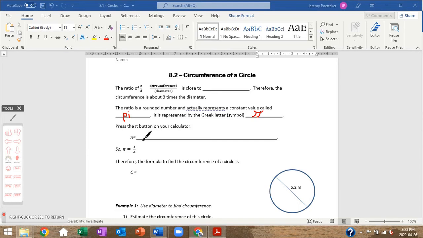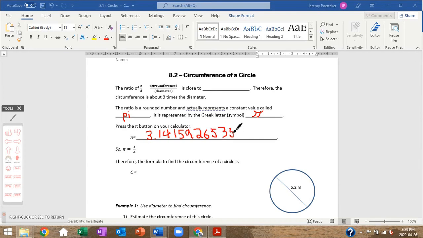But if I'm going to write that out, 3.141592653. There are people who, this is their life's goal.